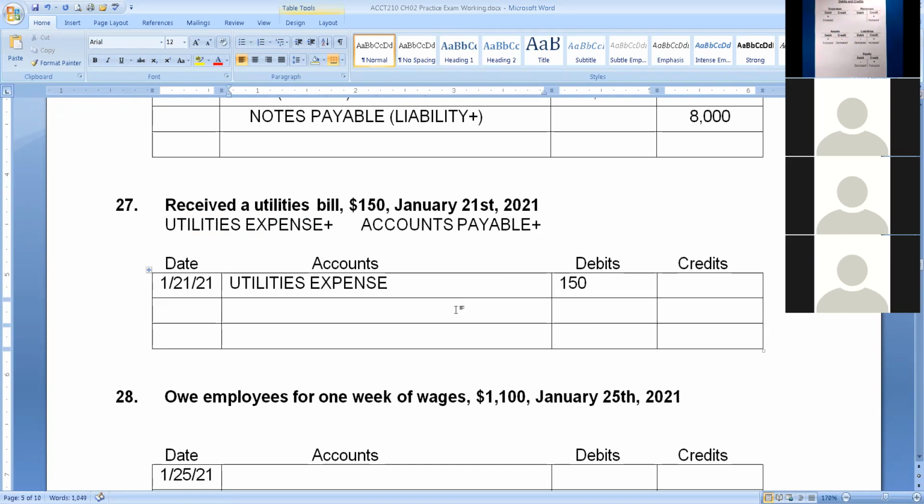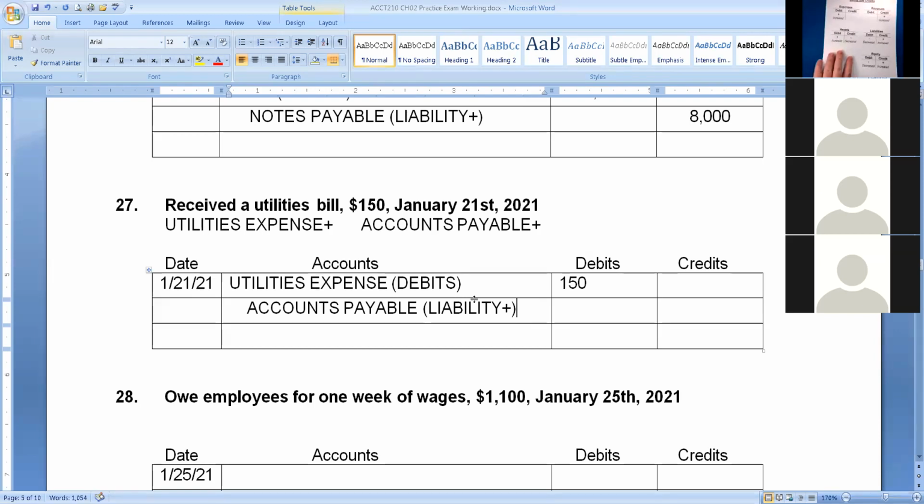So you kind of know the other side. If you get one side, you know the other. Okay, and so this would be accounts payable. So liability going up. Liability going up with a credit.